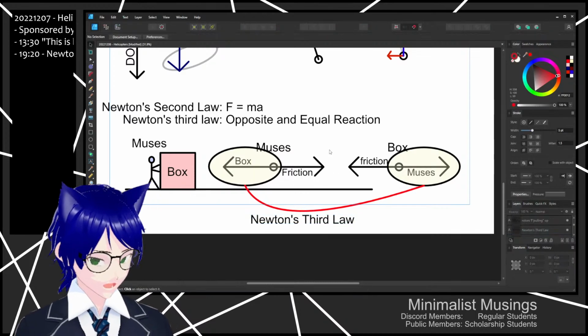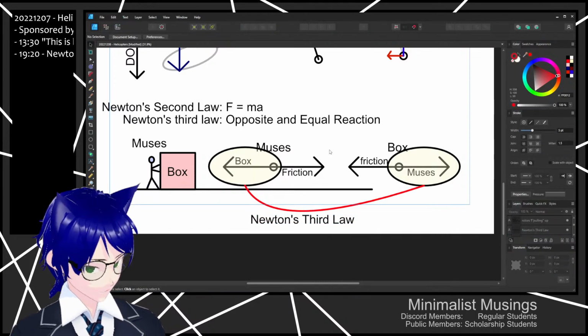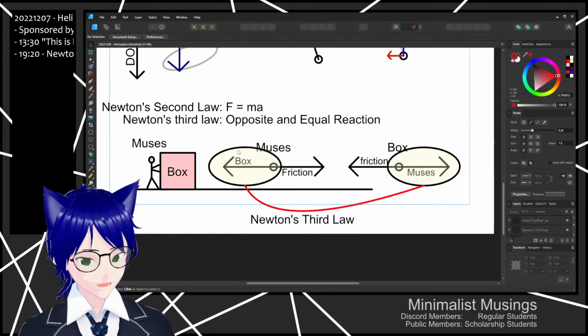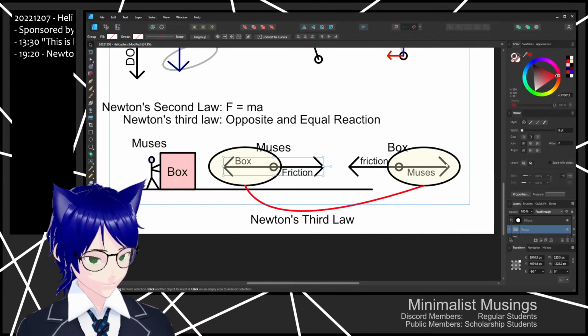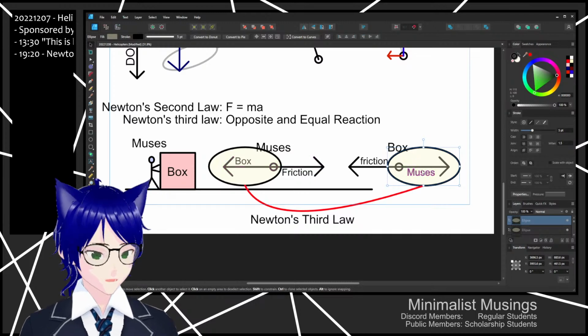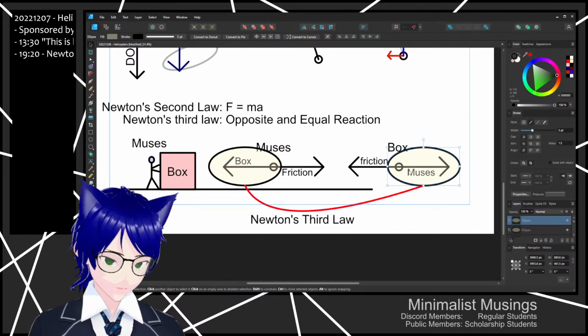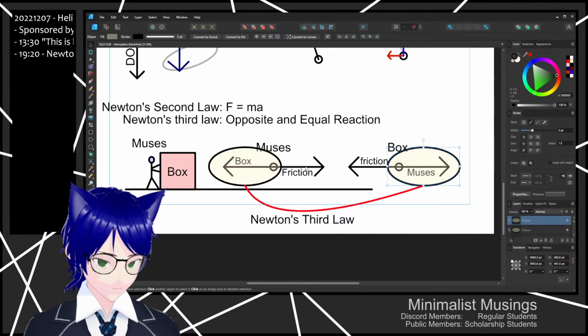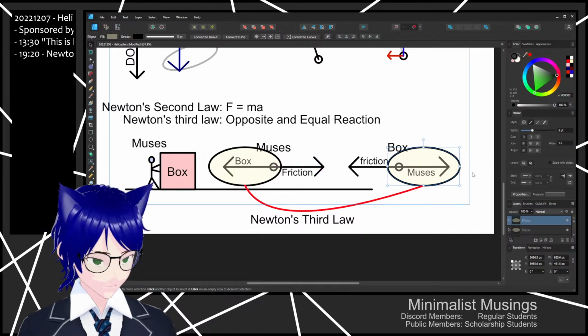Essentially, it means that as I am pushing against the box, trying to get it to move, the box is pushing back at me with the exact same amount of force. Right? So right now the box is not moving because obviously the friction is the same.